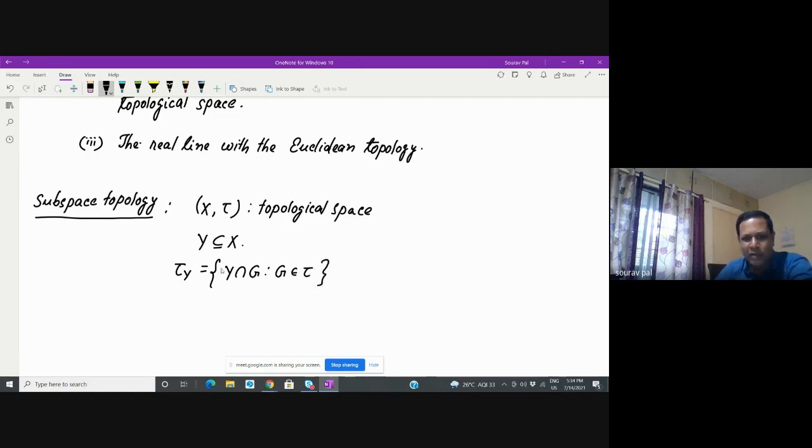Meaning, we are considering all open sets, all members of tau, and taking their intersection with the given subset. One can verify easily that this tau_Y is a topological space.